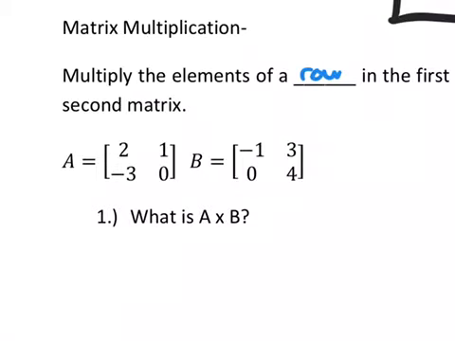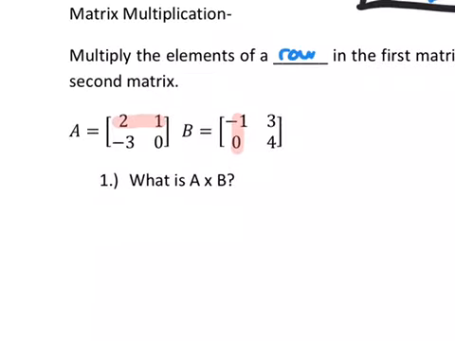So I'm going to have us work through this example. You'll be a little confused at first, but then we'll see another example of why it is like this. So here's the correct way to take this down. We're going to multiply these elements of this row by these elements of this column.